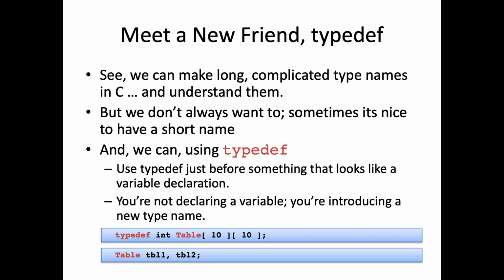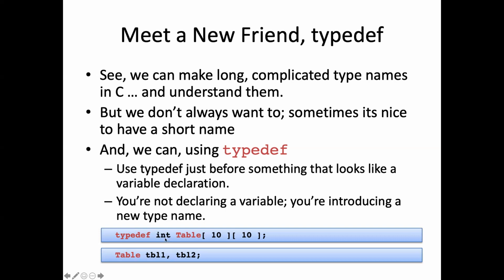Typedef looks a lot like a variable declaration. In fact, when I'm in class, when I'm showing the syntax, and it's easy to get this wrong, which is why I'm making a big deal out of it. If you left off the word typedef there, so just read the rest of this line of code, it would be a variable declaration. You'd be saying, I want to make an int array named table that's a 10 by 10 array of ints.